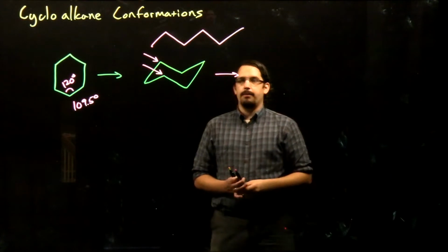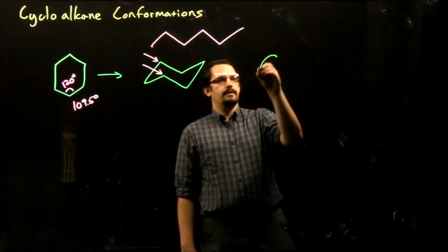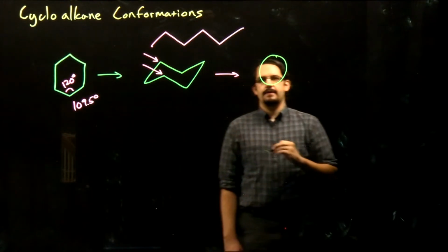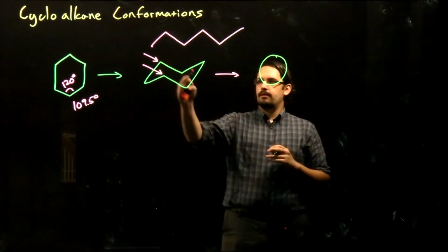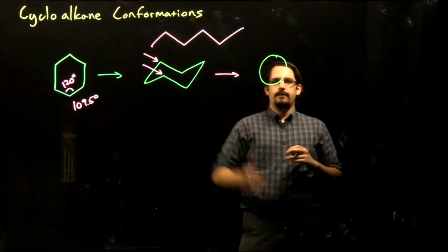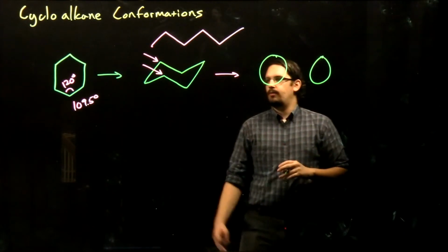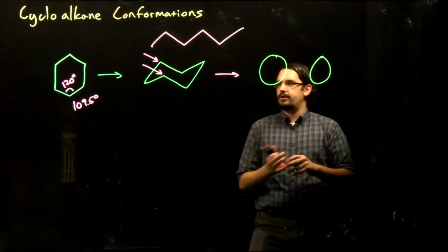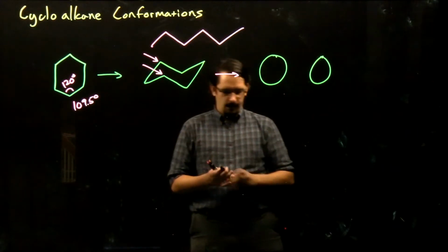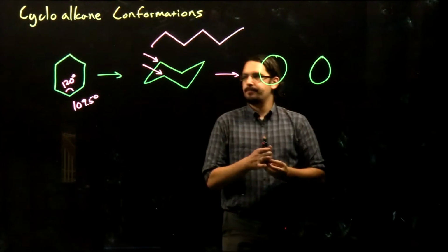If we're going to be looking down bonds, of course, we're going to want to use our Newman projections. So I start by drawing my circle representing that bond in the back, going from my carbon to the next carbon. And I'll draw an adjacent circle representing my front bond over here. So I'm representing both of those two carbon-carbon bonds, again, looking at it from this perspective.